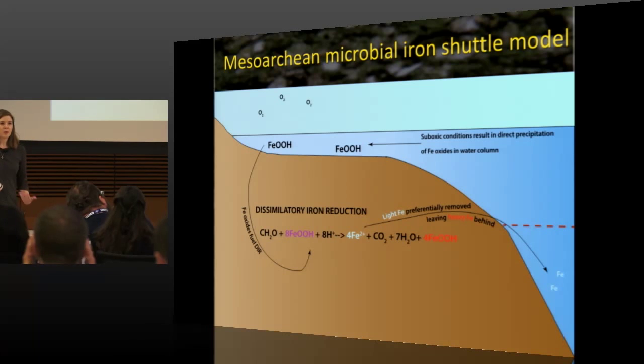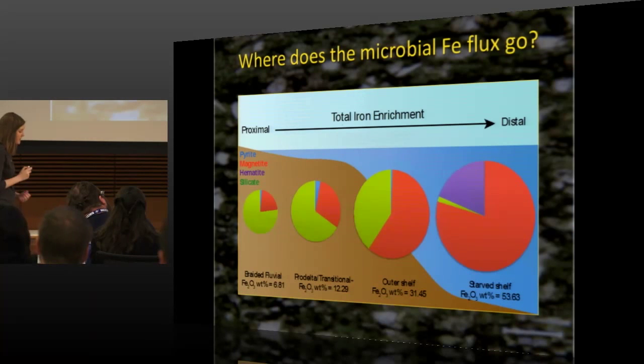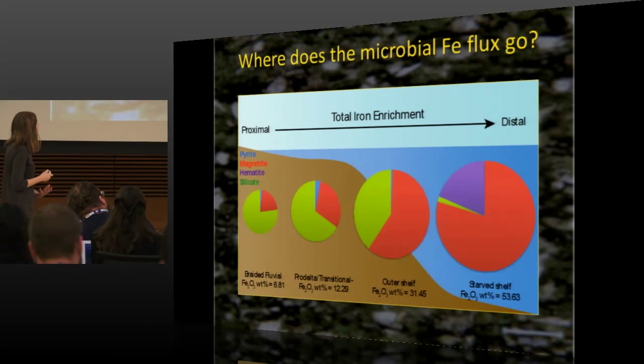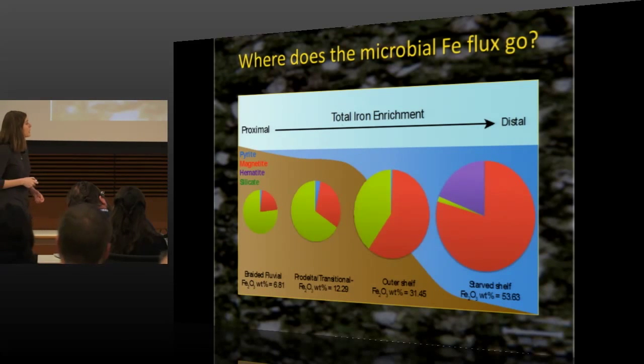So one of the remaining questions is, what minerals are the reservoirs for the benthic iron flux? I address this question by doing normative calculations based on bulk element data and iron speciation data. And so you can see that the green represents silicate as the iron-bearing phase, the red would indicate magnetite, the blue pyrite, and then the purple hematite.